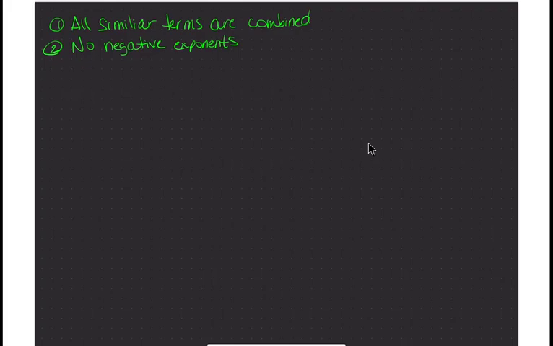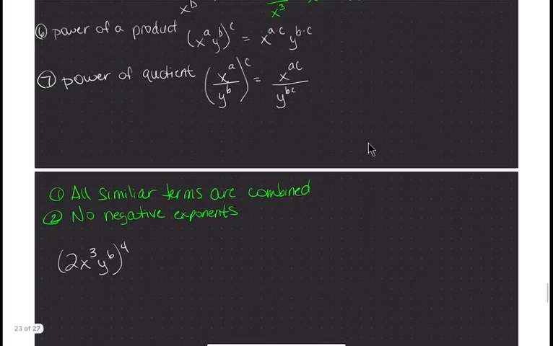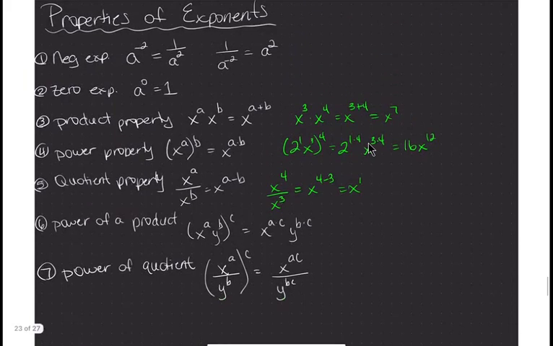So example 1 would be 2x to the 3rd, y to the 6th, all raised to the 4th. We can go back to our properties to see if there's anything that looks familiar, and I'd say this looks a lot like number 6.